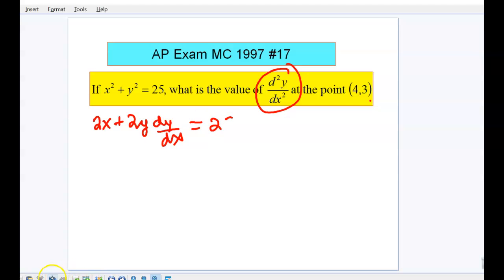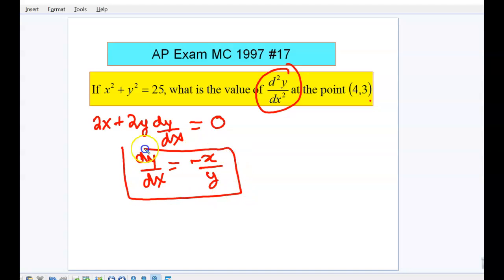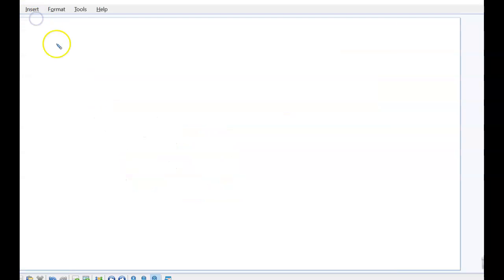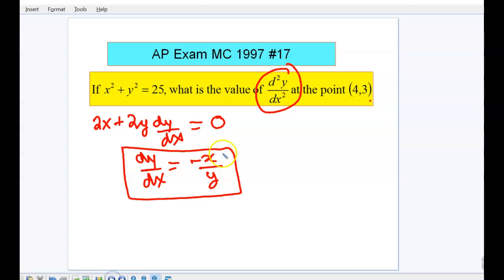Oops, the derivative of 25 is 0. And again, if you recall from early on, negative x over y was my first derivative. Now the notation d squared y over dx squared just means the second derivative. So d squared y over dx squared equals, well, now to take the derivative of this, I have to use the quotient rule.